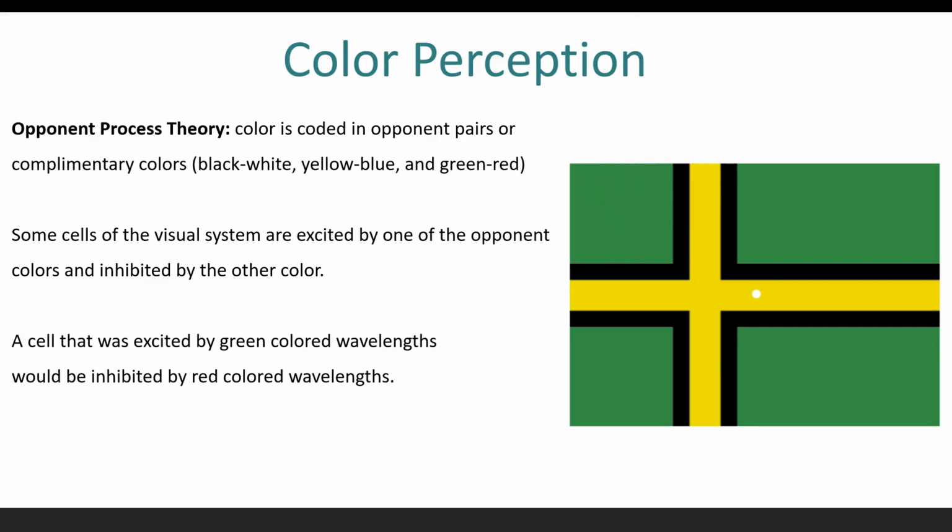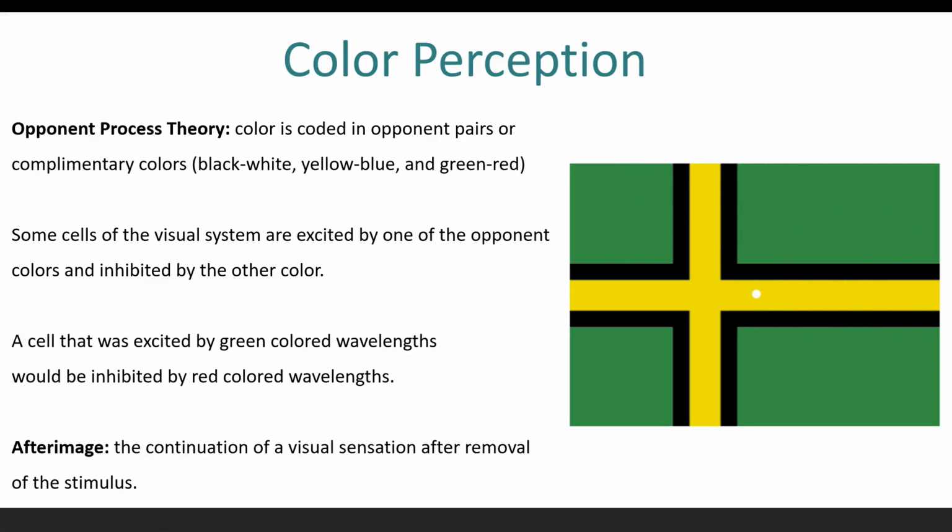So as you're looking at this picture here, maybe a flag, your cells in your visual system become excited by this green wavelength, this black wavelength, and this yellow wavelength. But only after you stop looking at this figure and look at a blank piece of paper that's white, you see the opposite color, because those cells and those colored wavelengths are inhibited, whereas the ones that you looked at here were excited.